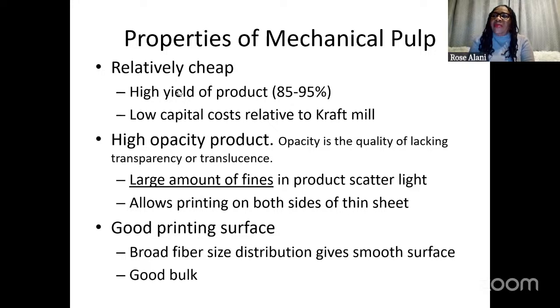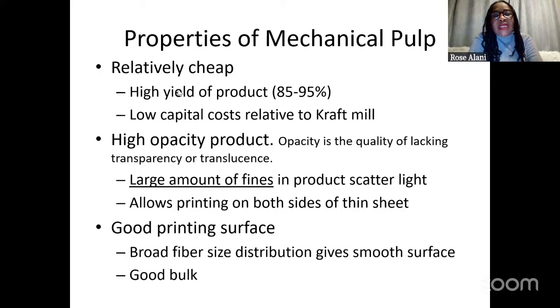Kraft is that of chemical pulping. So because the yield is high and the capital cost is low, then this one is cheap. And I'll tell you why the yield is high as we go on.